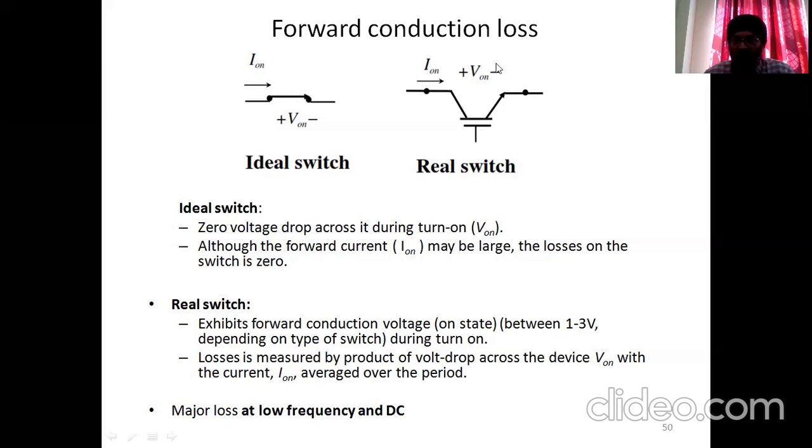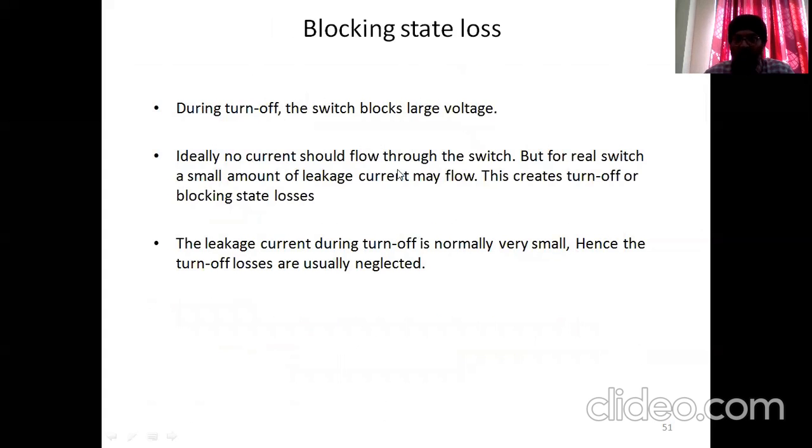So during off state, the voltage across this switch is very large. Due to that large voltage, a very small leakage current flows due to the minority charge carriers, they get multiplied and we get a power loss. So due to that leakage current and a large off-state voltage, we get a leakage power.